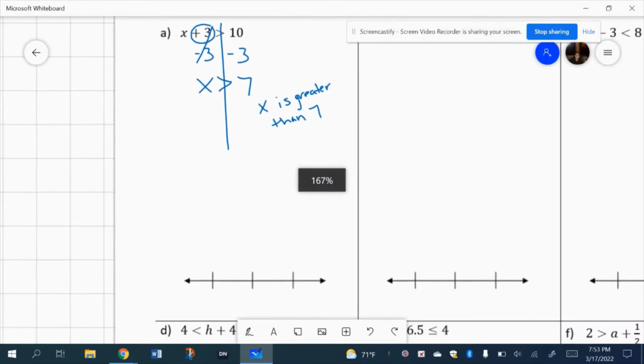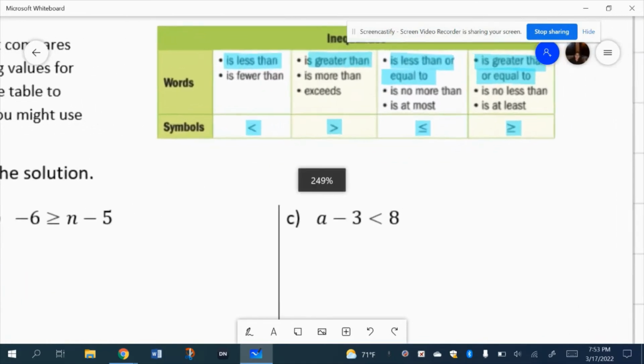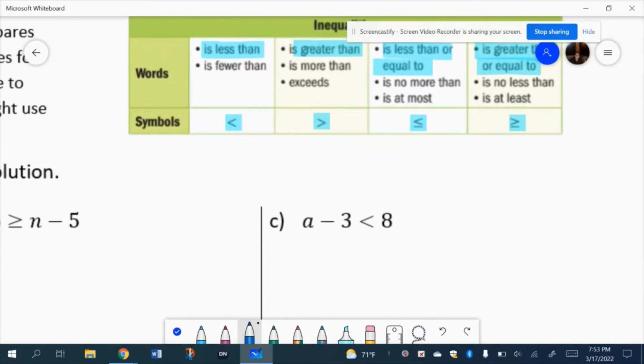So here's how we graph it. Now, if we look back up at this chart, and I want you to go back up there as well, we have the greater than symbol. A greater than symbol is represented by what we call an open circle. Similarly, a less than symbol is also used with an open circle.